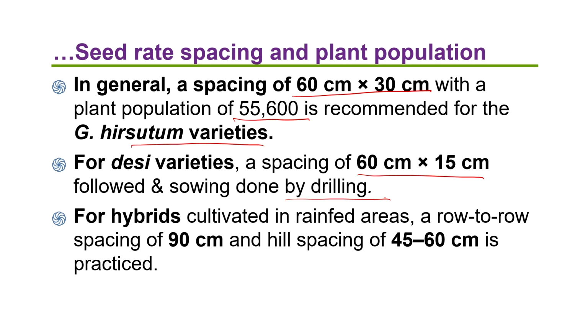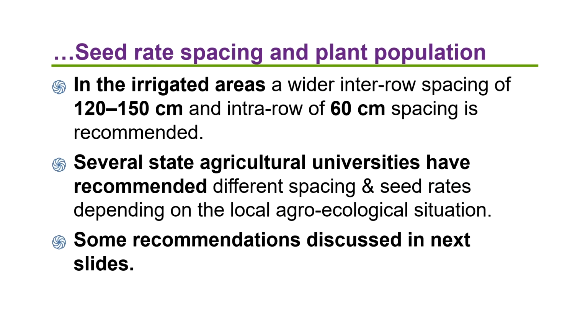For hybrids cultivated in rain-fed areas, a row to row spacing of 90 centimeter and hill spacing of 45 to 60 centimeter is practiced. Means plant to plant spacing is 45 to 60 centimeter and row to row spacing is 90 centimeter. In irrigated areas, a wider inter-row spacing of 120 to 150 centimeter and intra-row spacing of 60 centimeter is recommended.